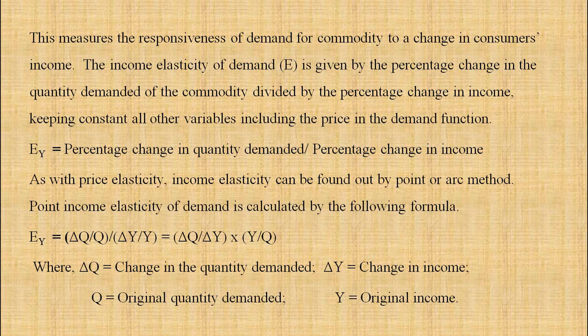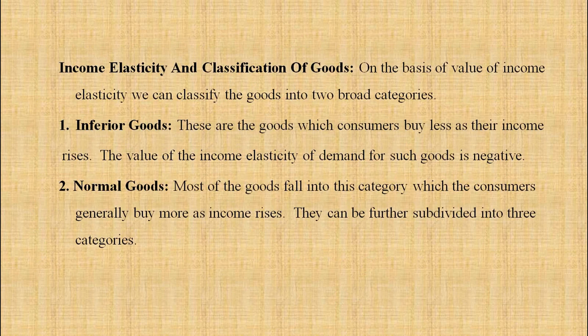EY is equal to (delta Q upon Q) into (delta Y upon Y), which is equal to delta Q upon delta Y into Y upon Q, where delta Q is the change in quantity demanded, delta Y is change in income, Q is original quantity demanded, Y is original income.